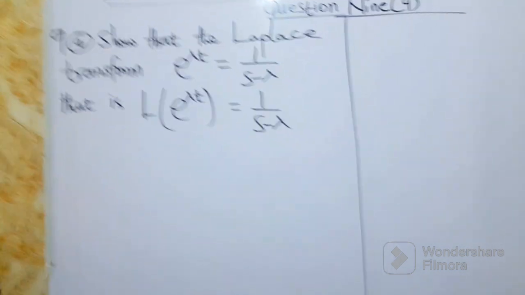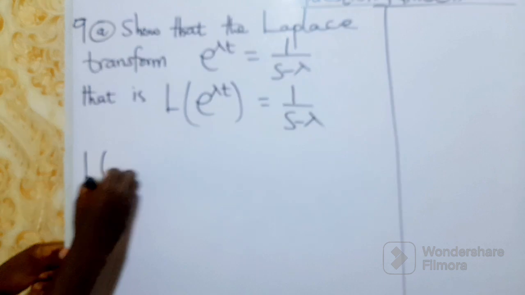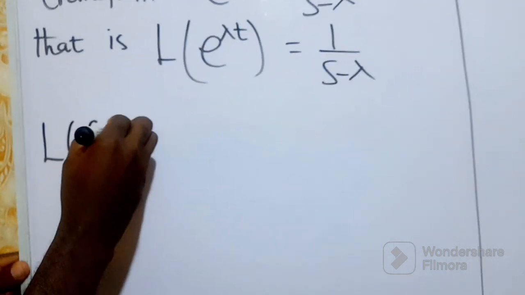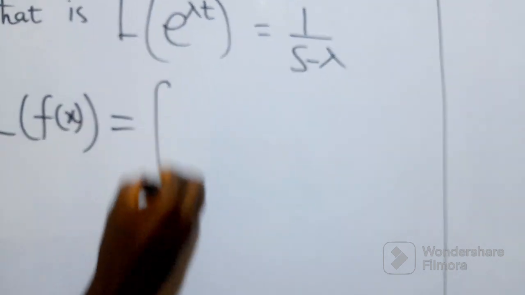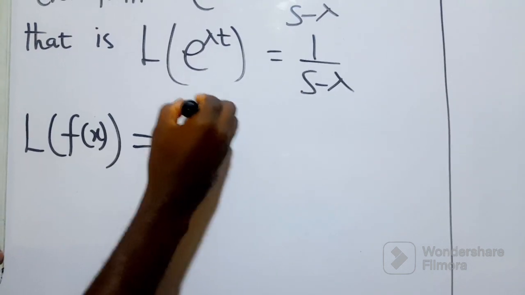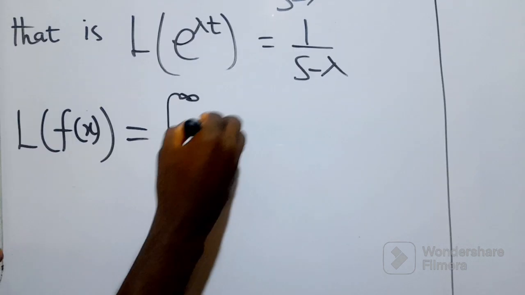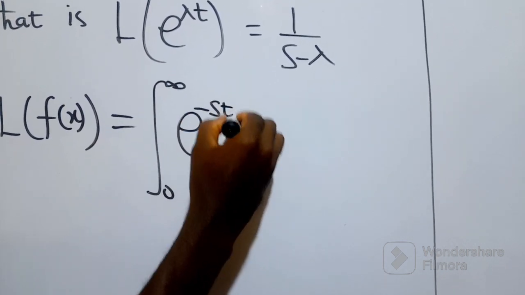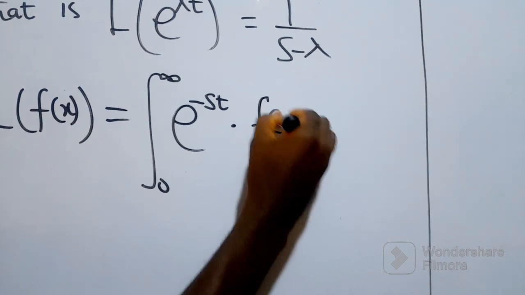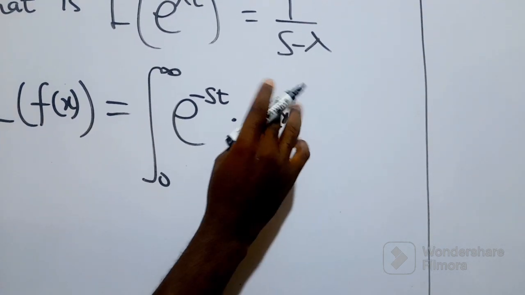So we said that the Laplace transform of any function f of x is giving us the integral spanning from 0 to infinity of e negative st times the function, that's f of t.